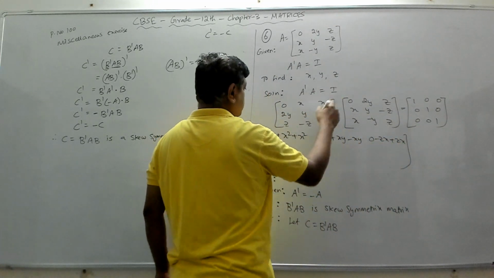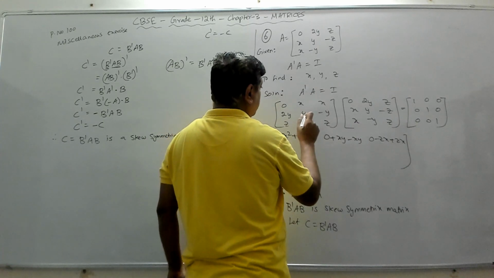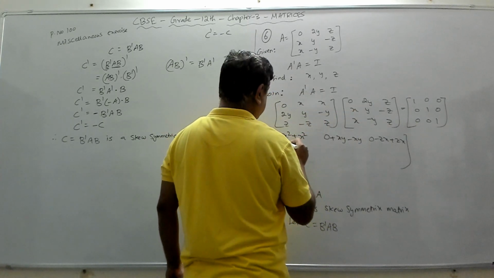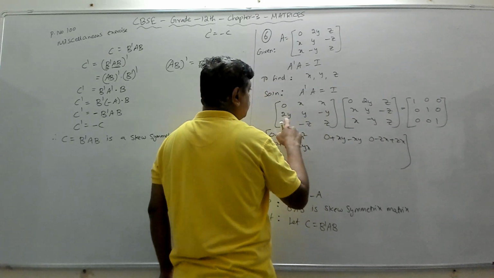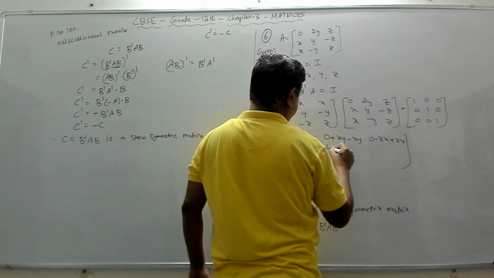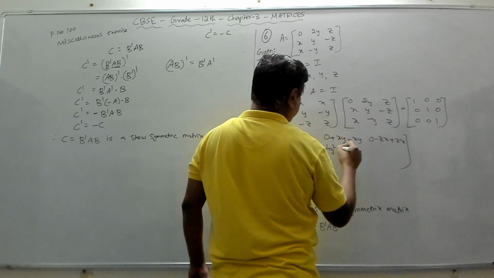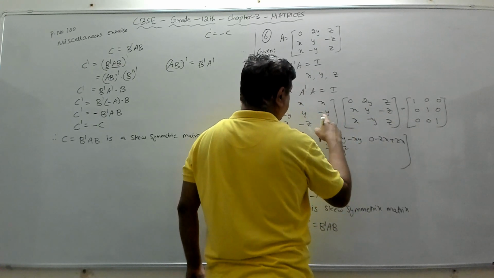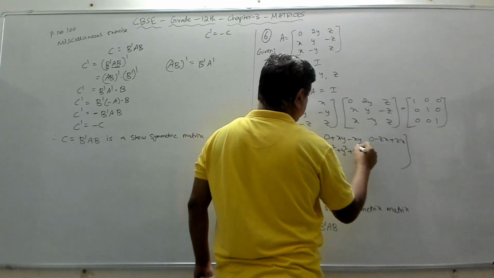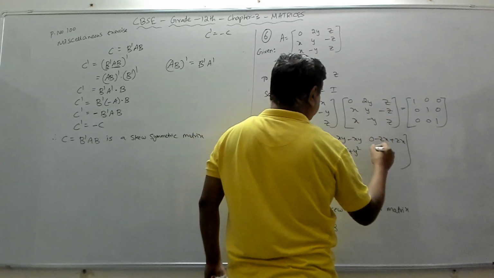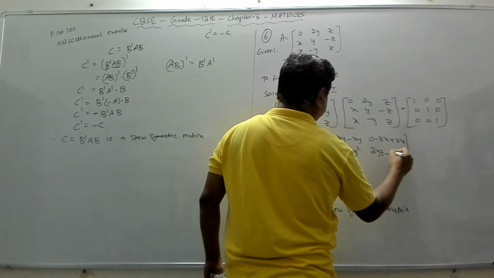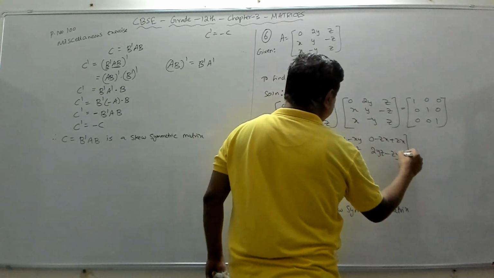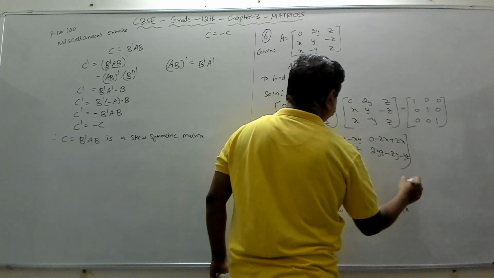Then 2y into 0 is 0, plus y into x is yx, minus y into x is minus yx. Then 2y into 2y is 4y square, plus y into y is y square, plus y square. Again 2y into z is 2yz, y into minus z is minus yz, minus y into z is minus yz.